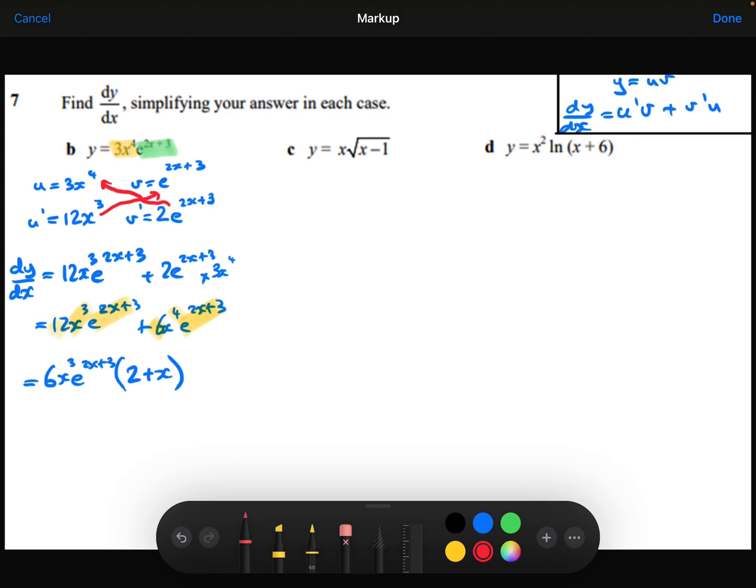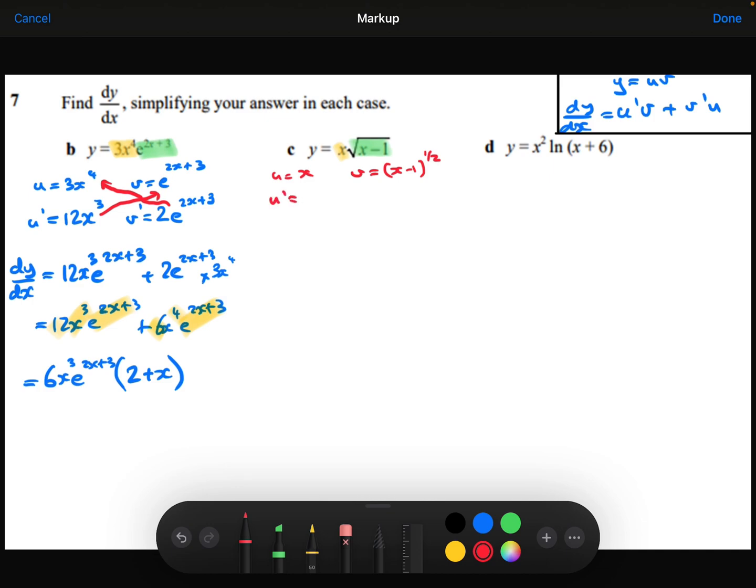Next, we are differentiating y equals x times the square root of x minus 1. So I'm going to say that the x is my u function, and I'm going to say the square root of x minus 1 is my v function. So u equals x, v equals the square root of x minus 1, which, considering I'm going to be differentiating it, I'm going to write that as x minus 1 to the power of 1/2.